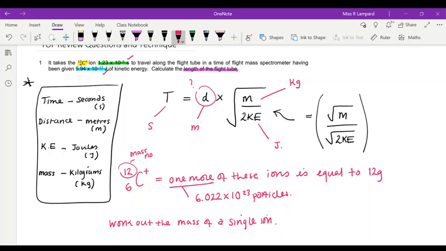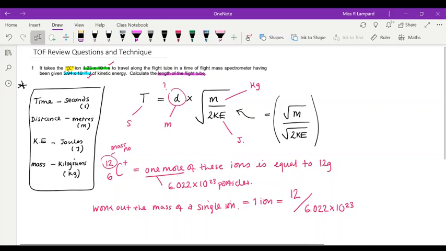Alright, so to work out the mass of a single ion, we can say that if 1 mole, or 6.022 times 10 to the 23 particles, is equal to 12 grams, then 1 ion, or 1 single particle, must be equal to 12 divided by 6.022 times 10 to the 23.